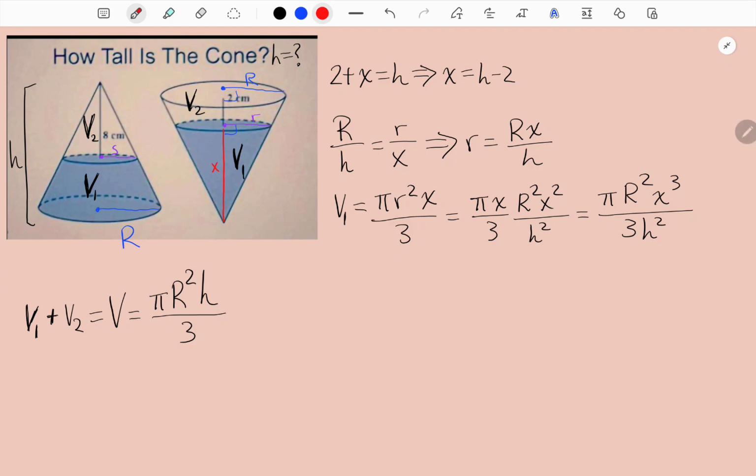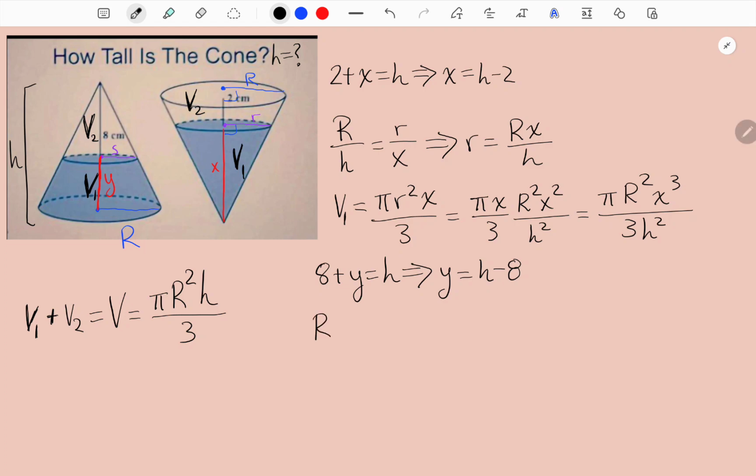So now let's move on to the first cone now. I'm going to call this portion little y. So I get that 8 plus y is going to be the height, which implies that y is equal to h minus 8. So again, we're going to use similar triangles now.